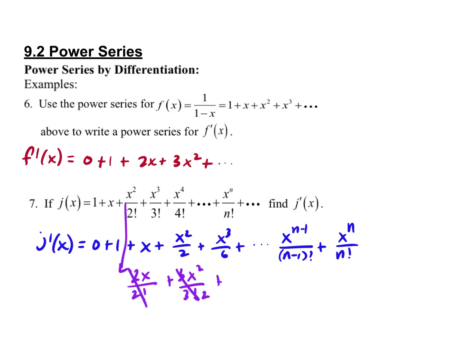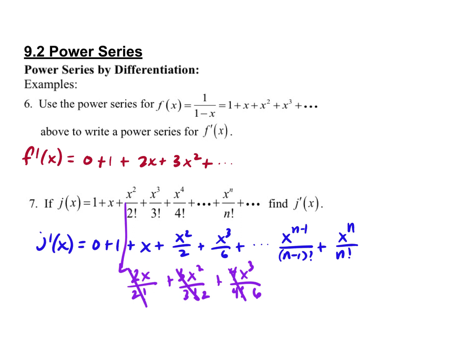If I kept going, which you don't have to, it would be 4x to the 3rd over 4 factorial. Well, that's just x cubed over 6, which is 3 factorial. And then I get my other terms.